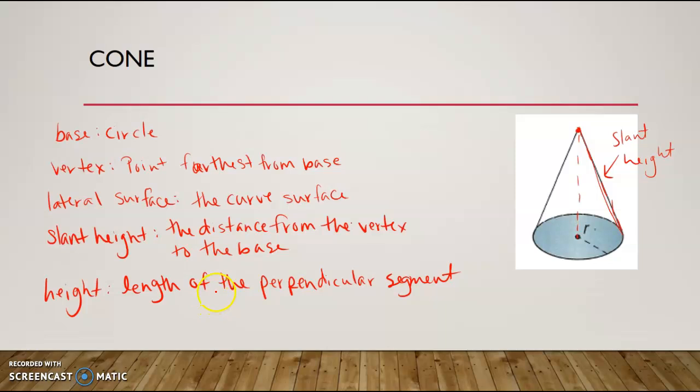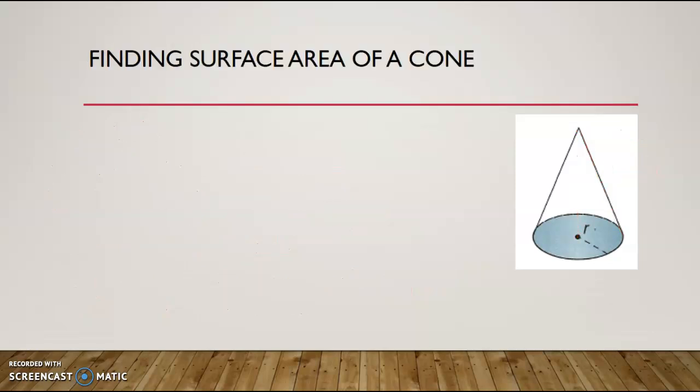So the length of the perpendicular segment from the vertex to the base. And normally, as long as this is a right cone, then it will hit right at the center of our radius. So it's that length, that perpendicular segment from vertex to base. So height goes from the vertex straight down, slant height from the vertex down the slant of the triangle to our base. All right, so next slide.